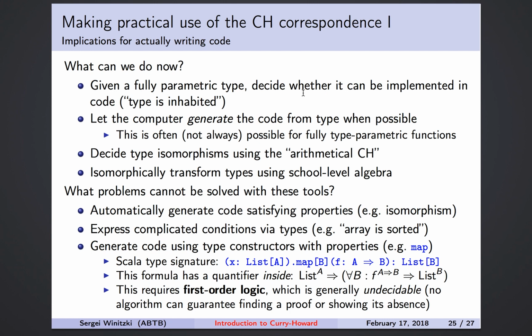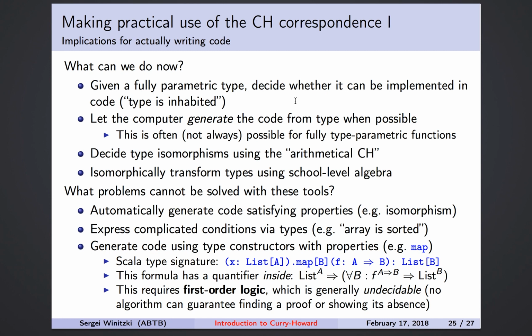For these functions, we have a decision procedure, an algorithm based on the LJT calculus, which decides whether this function can be implemented in code. And computer scientists say a type is inhabited if you can produce a value of this type in your program.